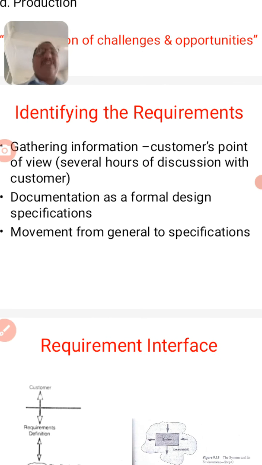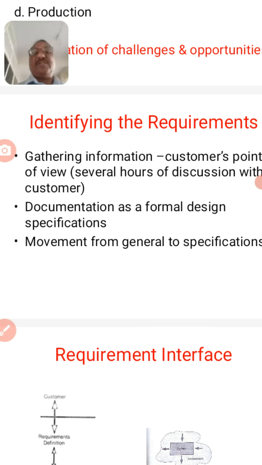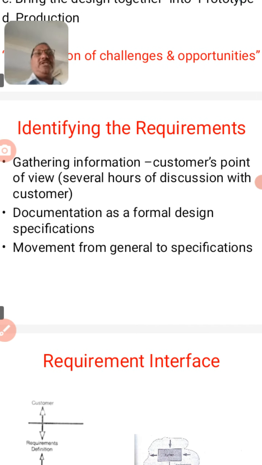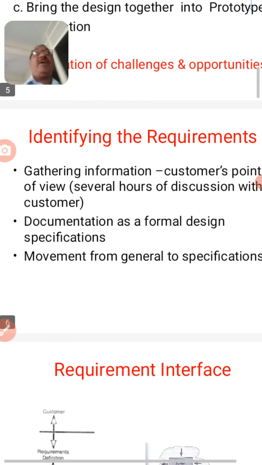The information gathering for that hand sanitizer machine: in which temperature it operates, what should be the size of the machine, whether it should be hand operated or foot operated, whether it is used at room temperature or at very low temperature such as hilly terrain areas, Himalayan region, what should be the input to the hand sanitizer machine, what should be the output, which type of sensors we have to use. All this information gathering is identifying the requirements.